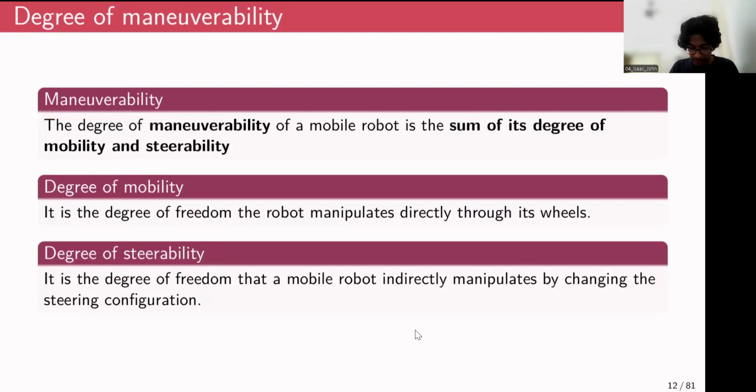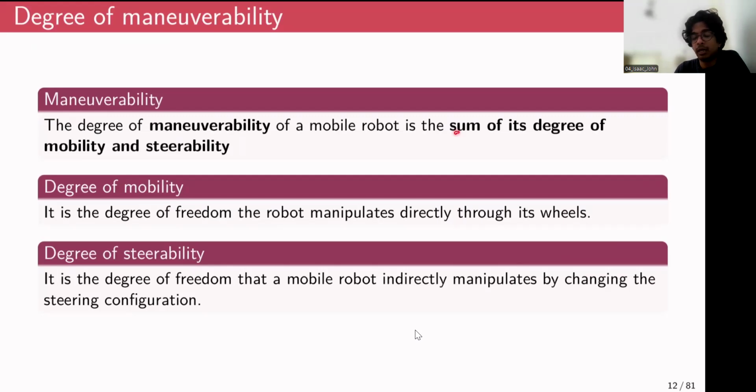And degree of mobility is nothing but the degree of freedom the mobile robot manipulates directly through its wheels. One example is a mobile robot with 4 wheels, each of them powered, directly attached to its own independent motor.